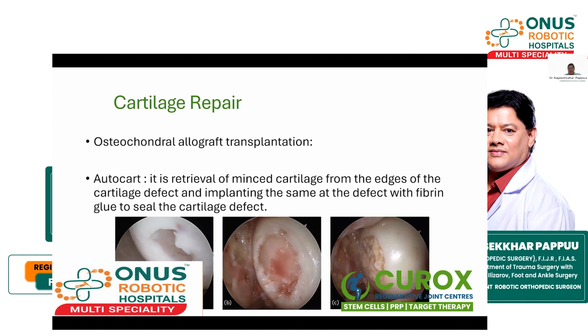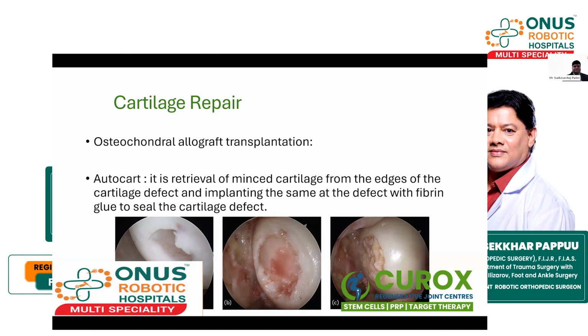Suppose they are having any other diseases, that can be transmitted to you, or sometimes it might not be properly taken by the body, and the rate of infection is very high, and sometimes this allograft might not heal, so you might get non-union of that graft base.